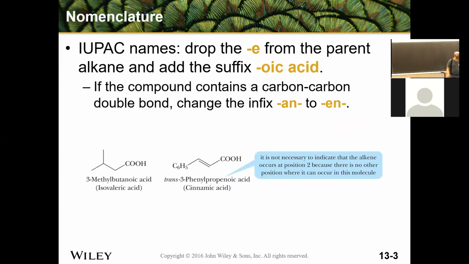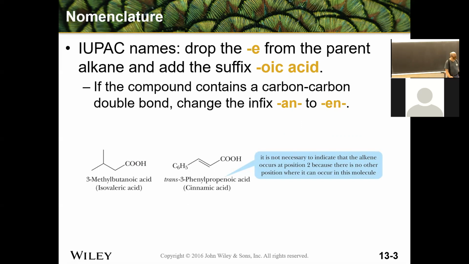Right, to name a carboxylic acid, we drop the E from the parent alkane, and then the suffix is oic acid. Carboxylic acids have the highest priority of any functional group, and other substituents will fall where they may. It's assumed that the carboxylic acid group is on carbon number 1.